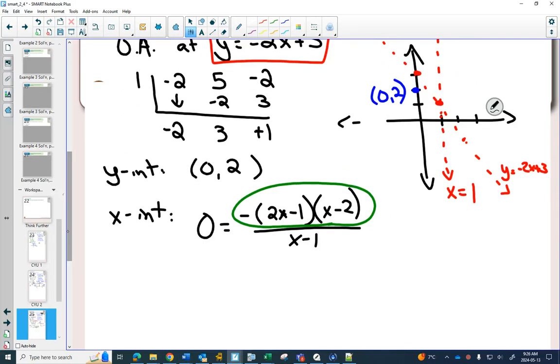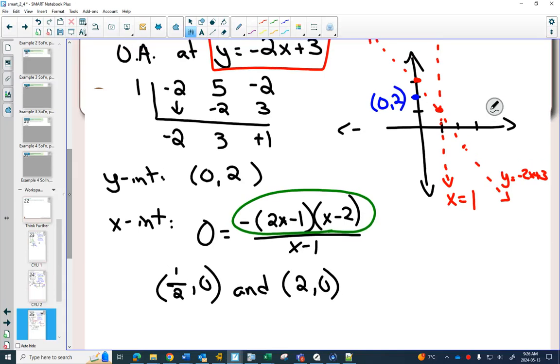So we're going to get two x-intercepts, one at positive 1/2, comma 0. That would make that first factor 0. And the second factor is 0 when x is 2. So I'm going to label those points on my graph: (2, 0) and (1/2, 0).